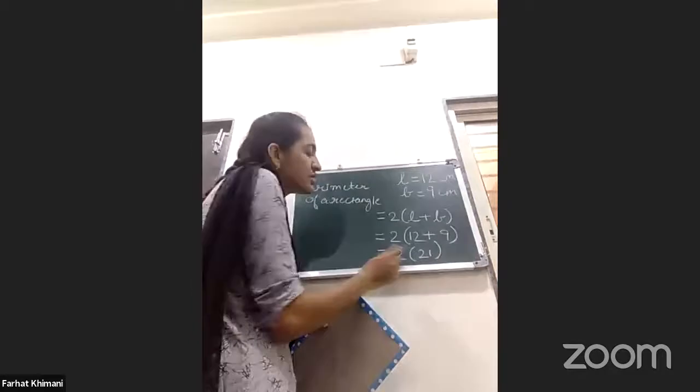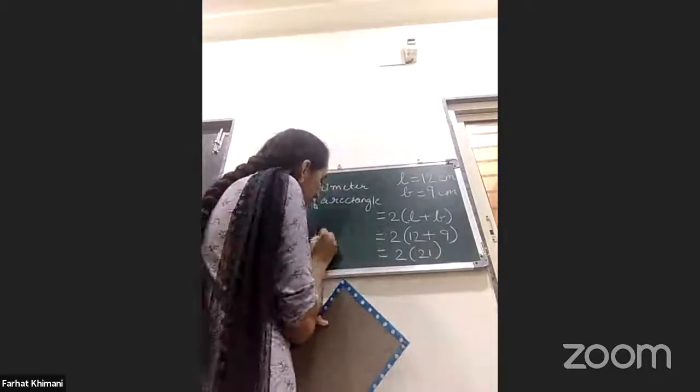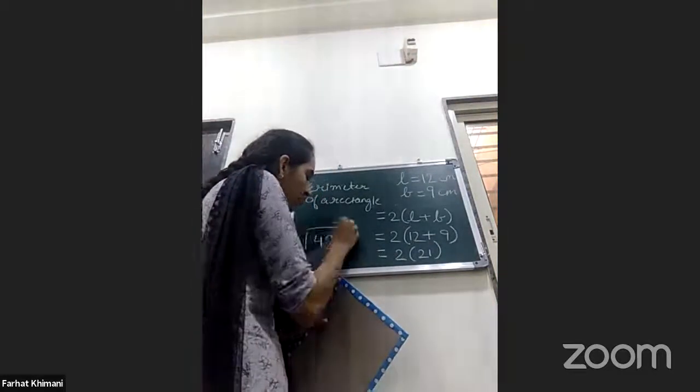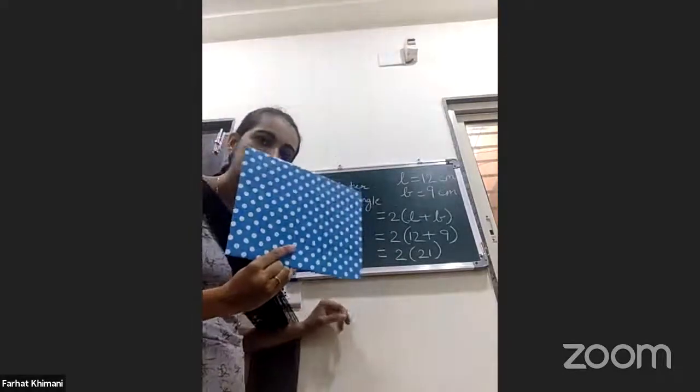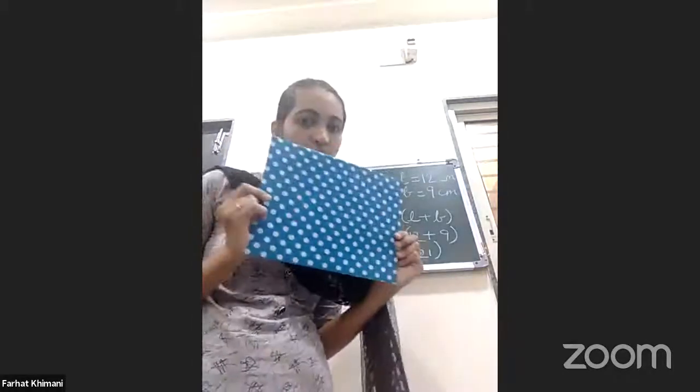So we get the measurement is 42. So the perimeter of this rectangle is 42.